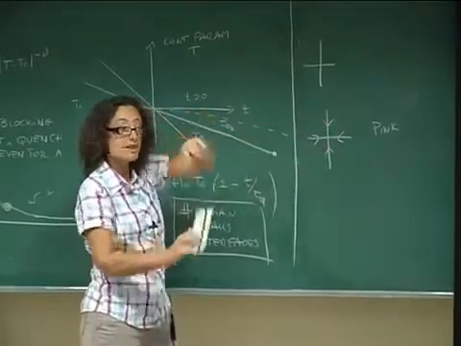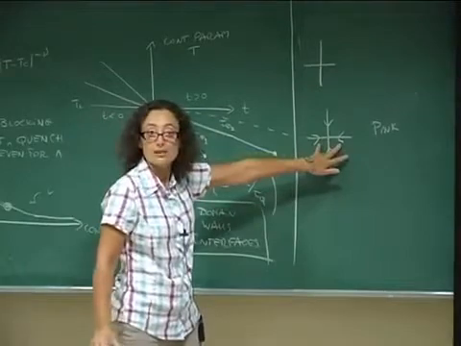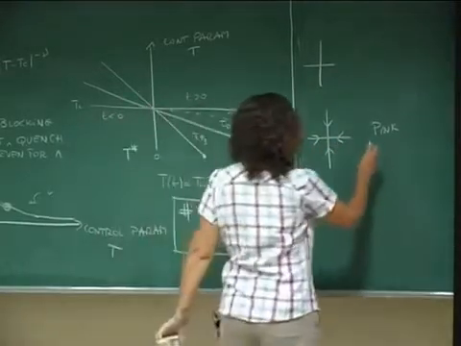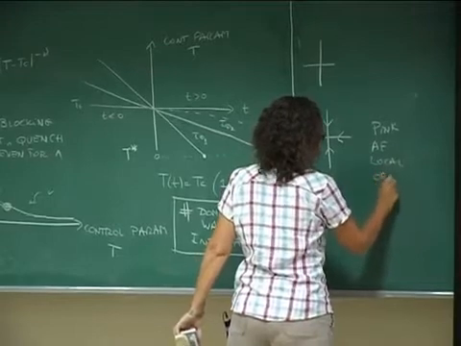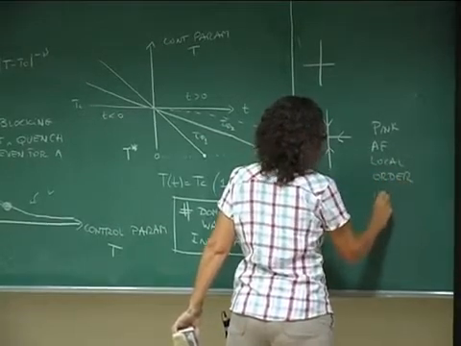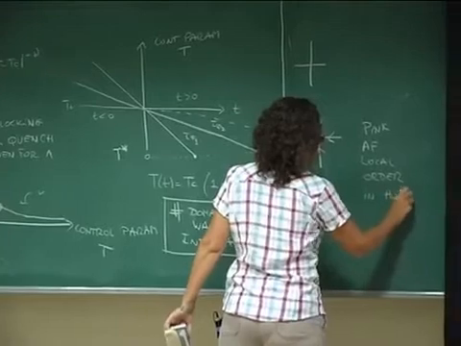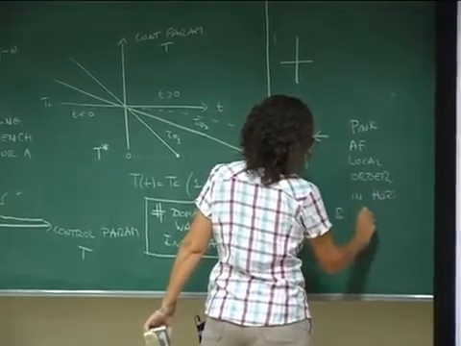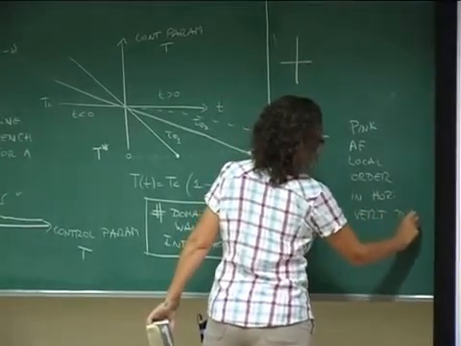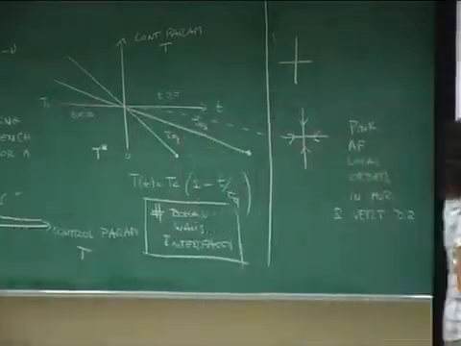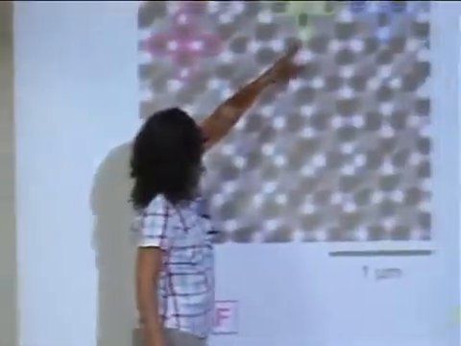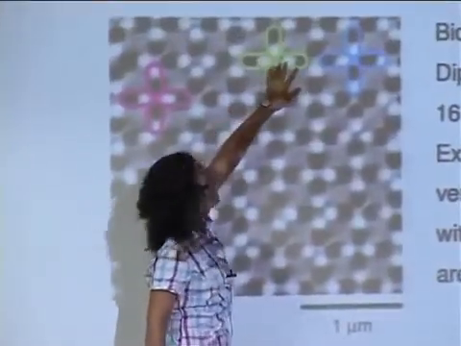They point in opposite directions, and the horizontal arrows as well. So this is like an antiferromagnetic local order in the horizontal and vertical directions.